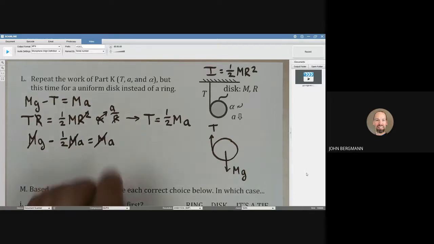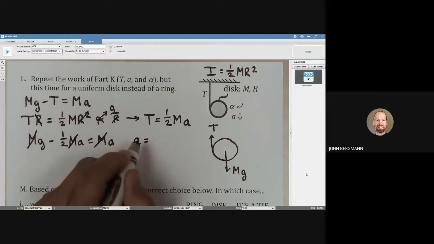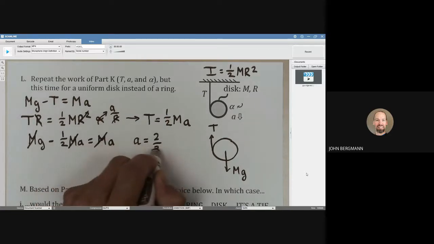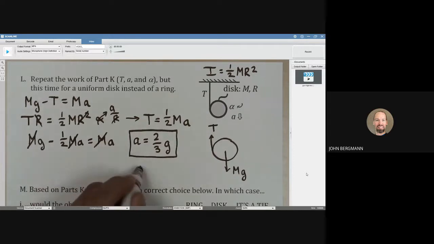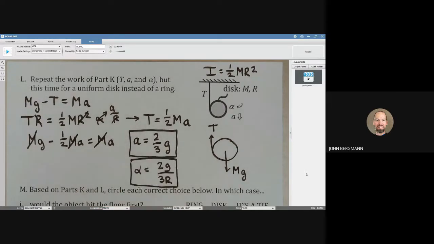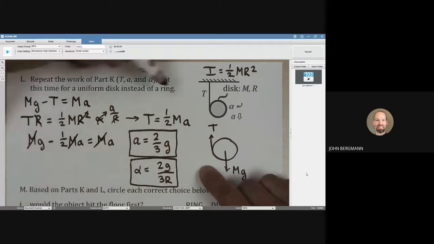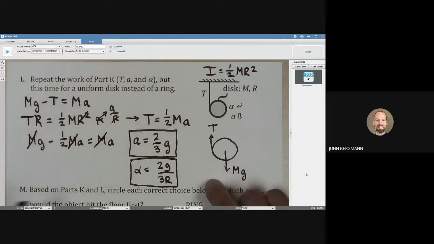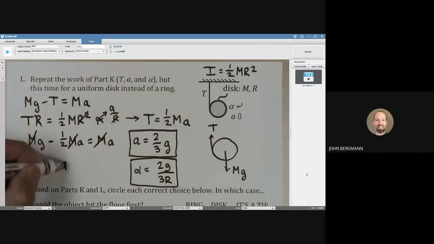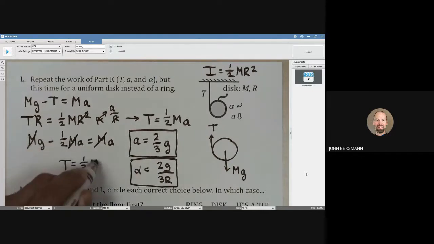So I think in this case, a is going to be 2/3 g, which means alpha is going to be 2g over 3R. And what's the tension going to be? Let's put 2/3 g in right there. The 2's will cancel. I think the tension then will be 1/3 mg.